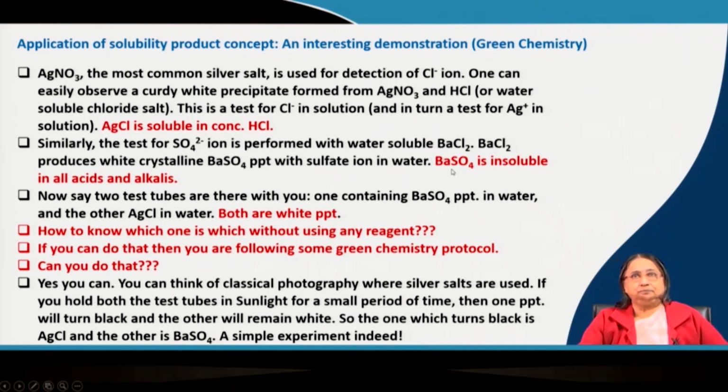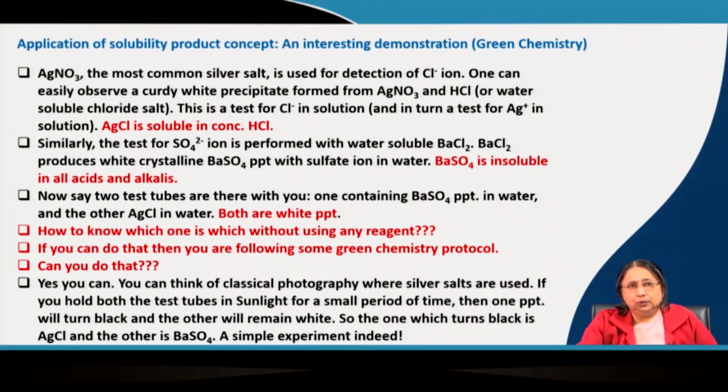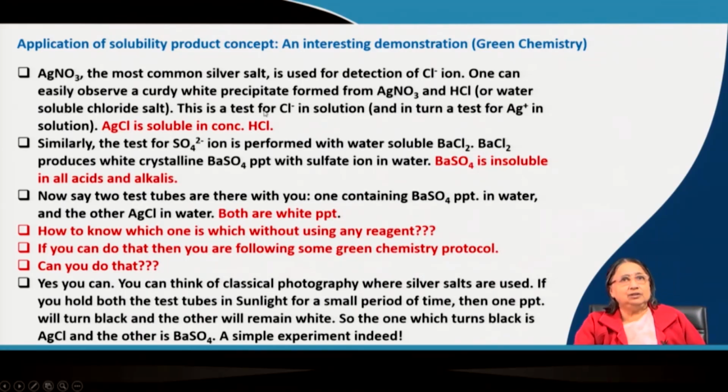Now, barium sulphate is insoluble in all acids and alkalis. So, see the difference in the properties. If I ask you how can you say, both being white solid precipitates, which one is silver chloride and which one is barium sulphate? Then you can easily tell that, in one precipitate if I add HCl it will dissolve, in another it will not dissolve. So, the one which dissolves is AgCl and the one which does not dissolve is barium sulphate.